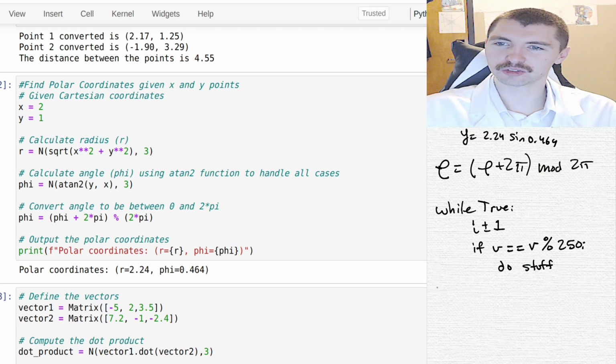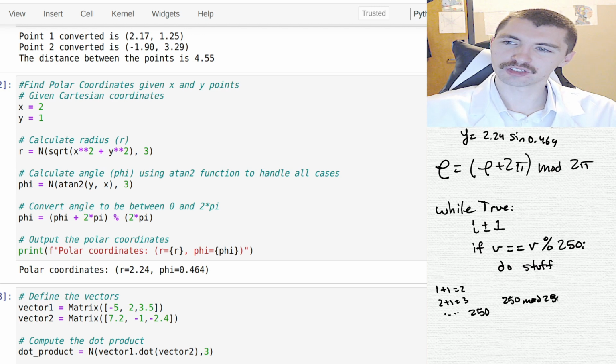What this is really saying is, you're doing 1 plus 1 equals 2, the first iteration, and the next iteration will be 2 plus 1 equals 3, and so on up to 250. When you get to 250, 250 mod 250 equals 0 because there's no remainder when you divide.